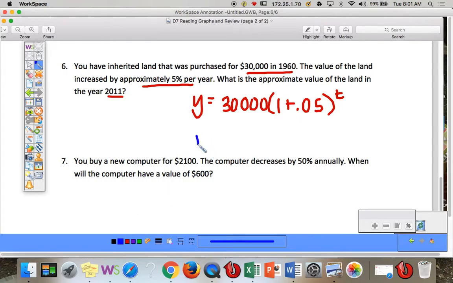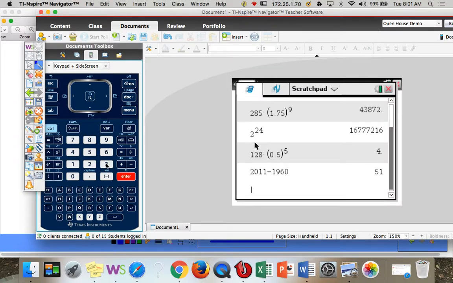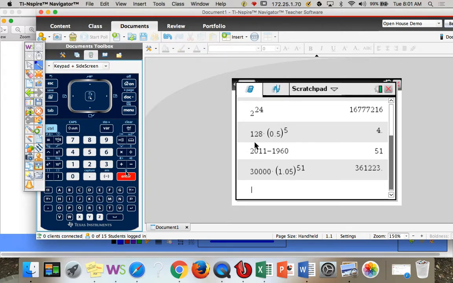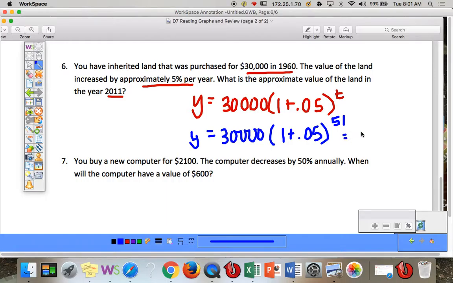So we have y equals 30,000 times 1 plus 0.05 for 51 years. Let's see how much this is worth now. And now it's worth $361,223. That's quite a lot of money.